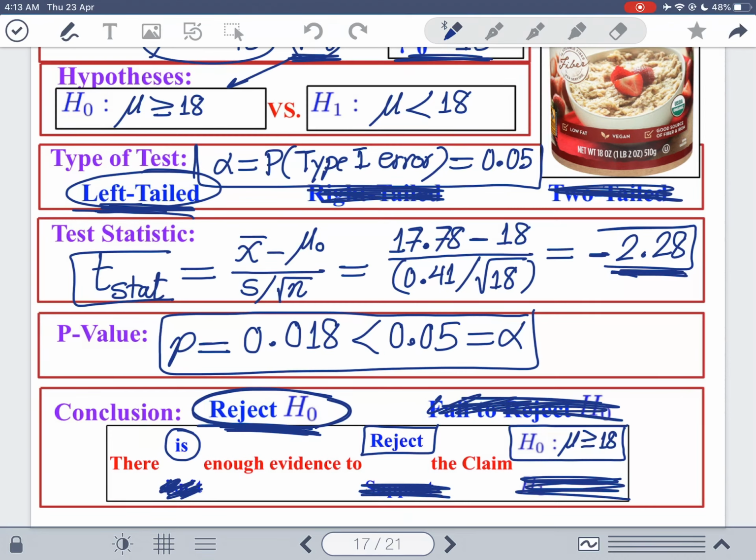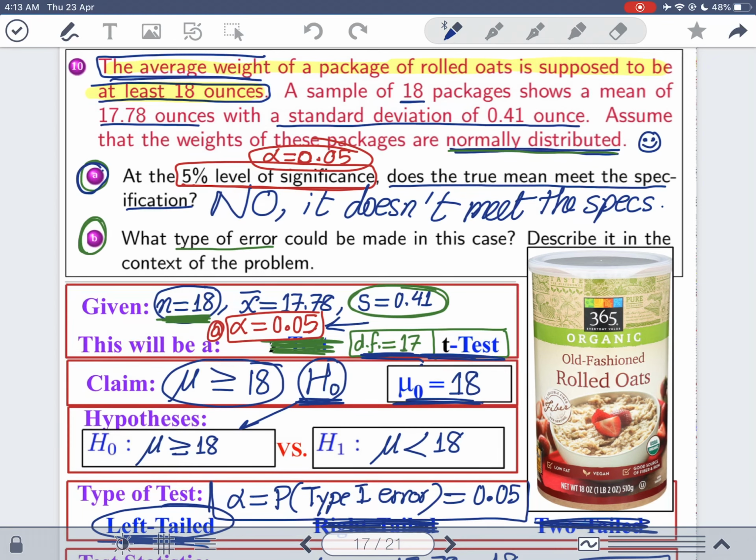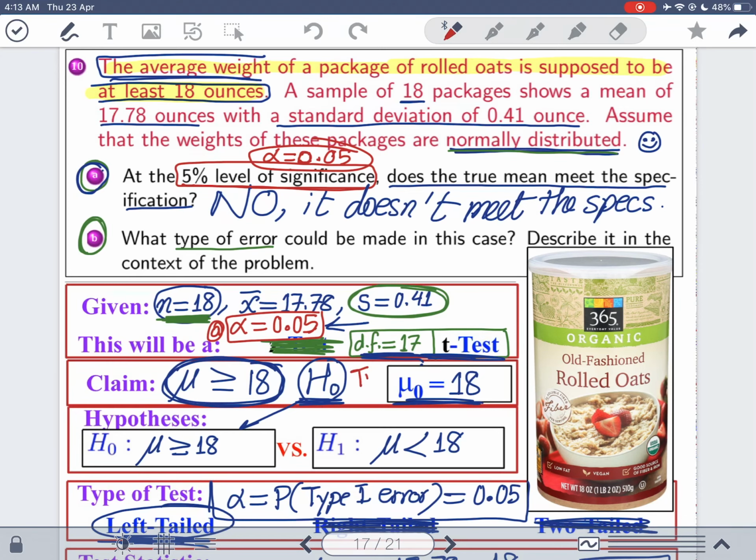But what is the wrong thing that we've done? It could have been that H0 is true, it's correct. And what was H0? That the average weight is at least 18 ounces. Okay, there is a chance of 5% that this is true. This here is true. Or you can say this statement is true, which is the null hypothesis. And we rejected it by mistake.